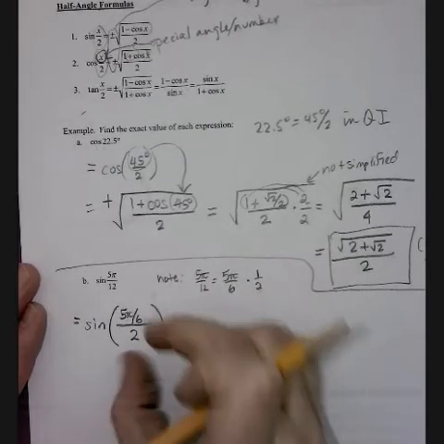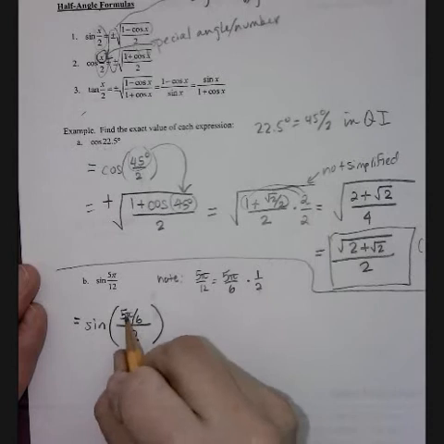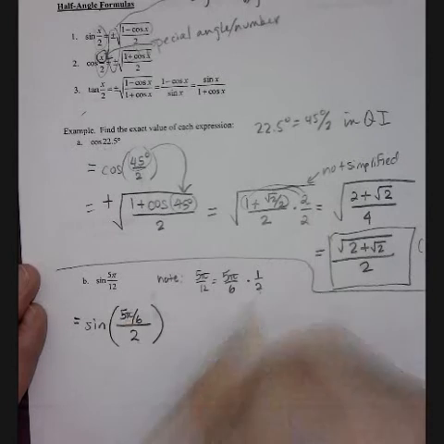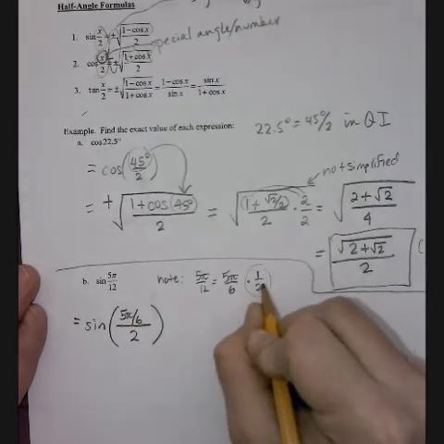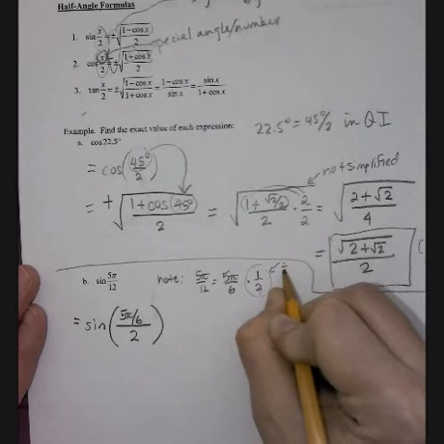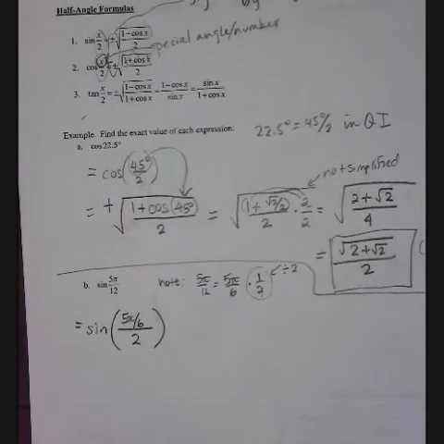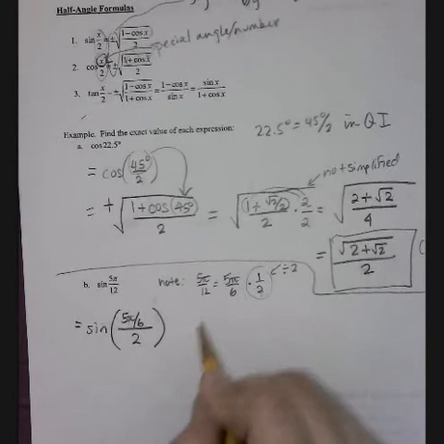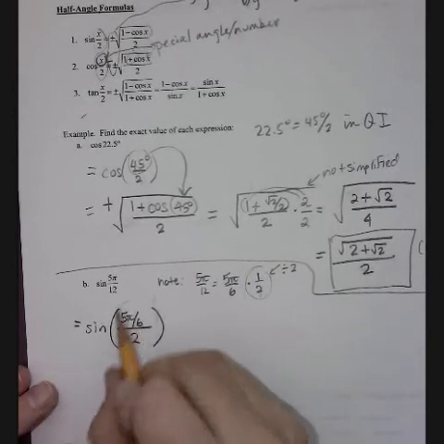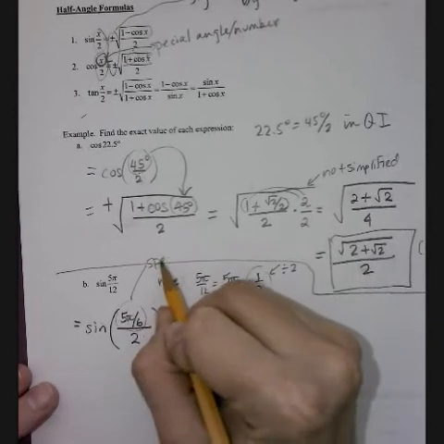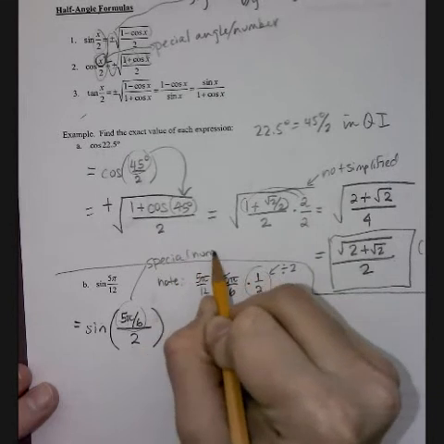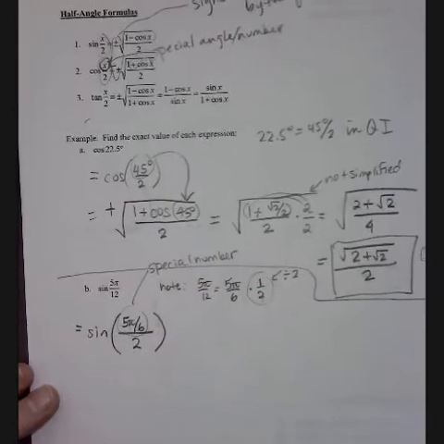If you want to divide by 2, you multiply by a half. I should have said that right here. Right, this is divided by 2. So 5 pi over 6 divided by 2 is 5 pi over 12. This is a special number because it has a reference number of pi over 6. So now we can find this exactly.